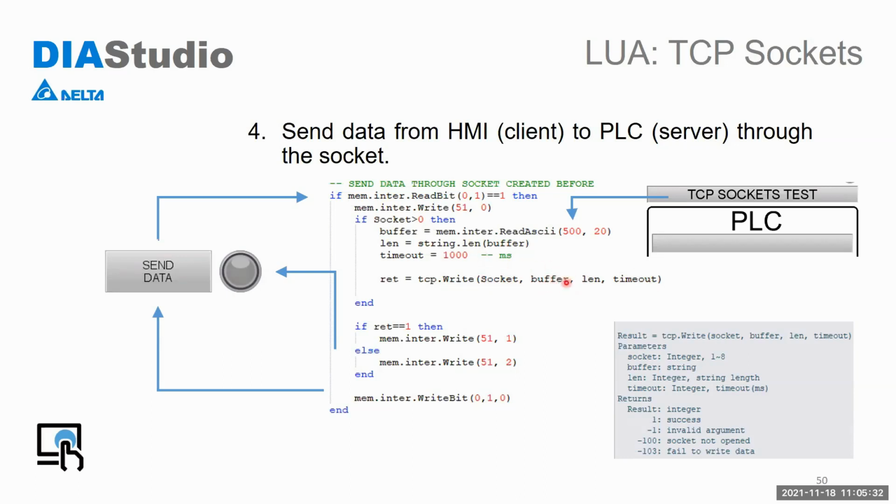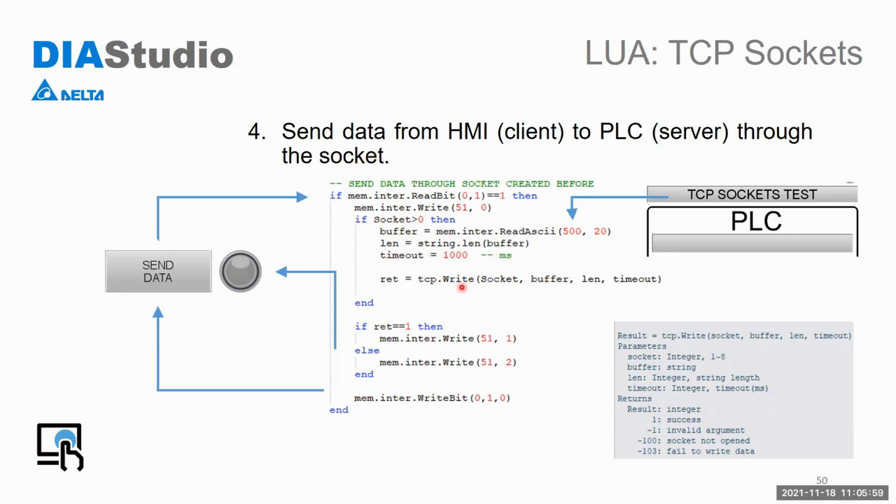I just simply read what I have in this internal memory, $500, and I took 20 characters, okay? Then I calculate the length of this string by use of this function, string.len, and buffer, which is where I store the information. Under that, the timeout, I set it as 1 second. That's all. At the moment, I call the TCP write.